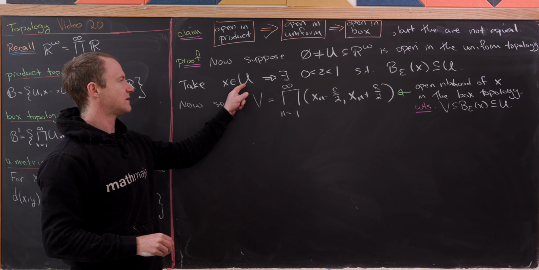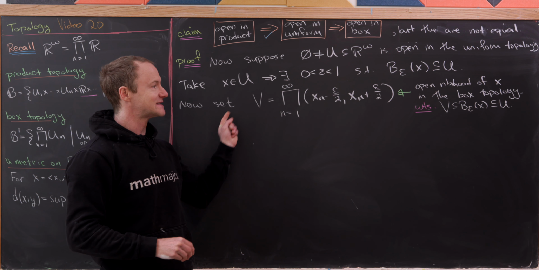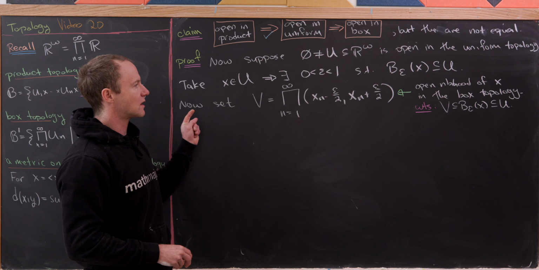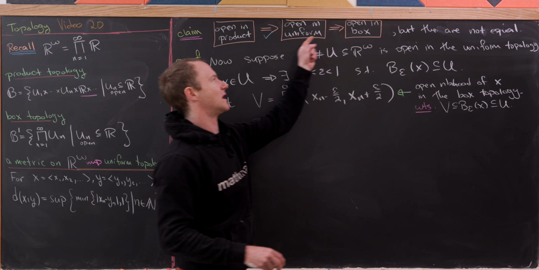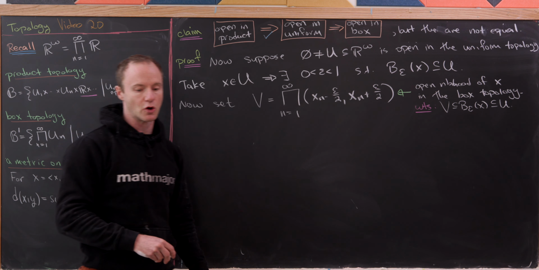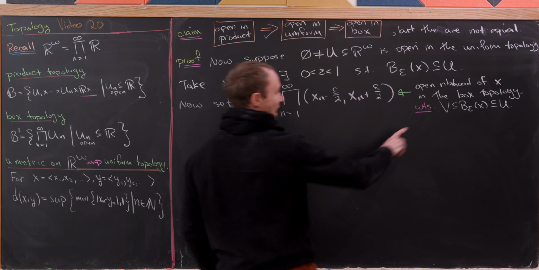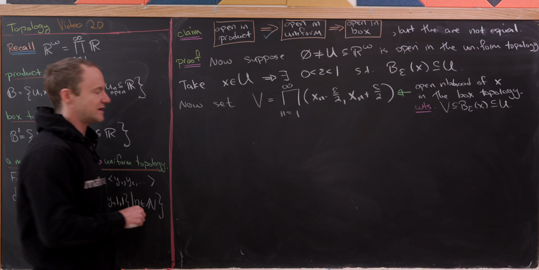Well, you take a point from the set and then you find an open neighborhood that contains that point and is within your set. Here the open neighborhood necessarily comes from the box topology because we're trying to show that this is open in the box topology. Okay, so we'll show that V is a subset of U simply by, again, chasing elements through.